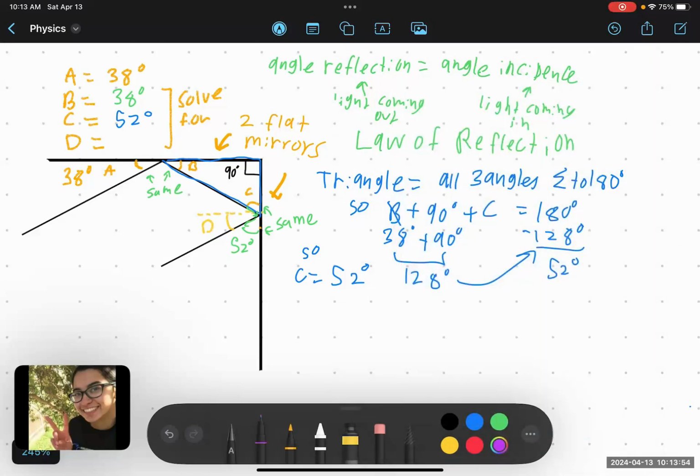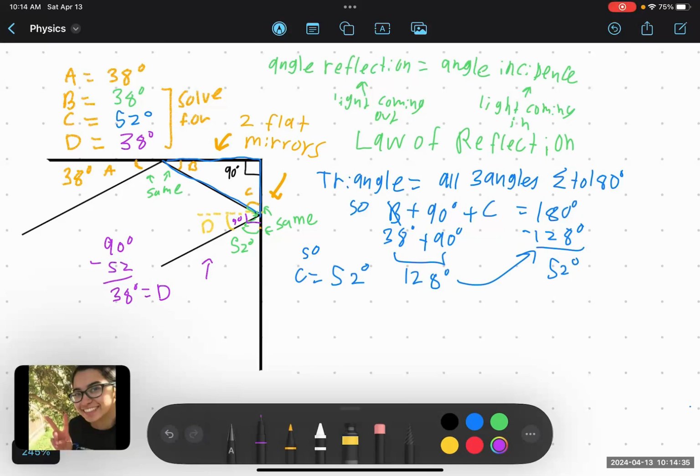And because that's 52 and this larger angle is 90, then we can just go 90 degrees minus 52, which gets us 38 degrees. That's D. So D is equal to 38 degrees. And that's pretty much it for that problem.